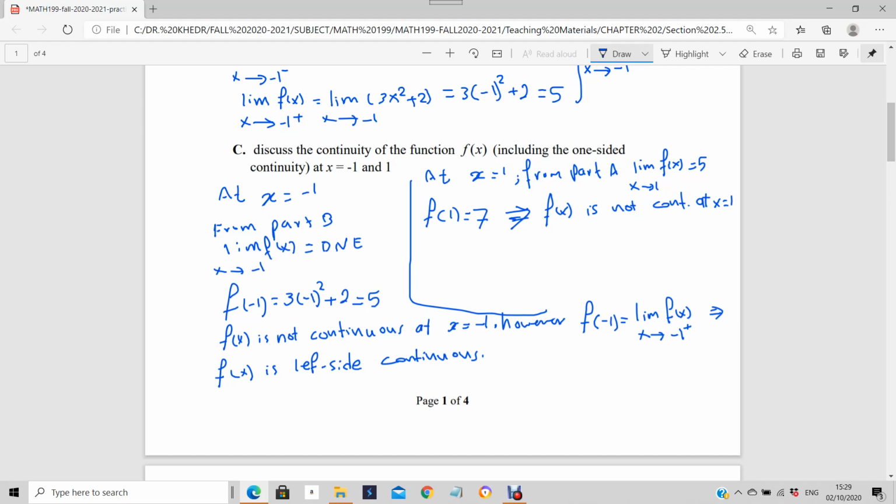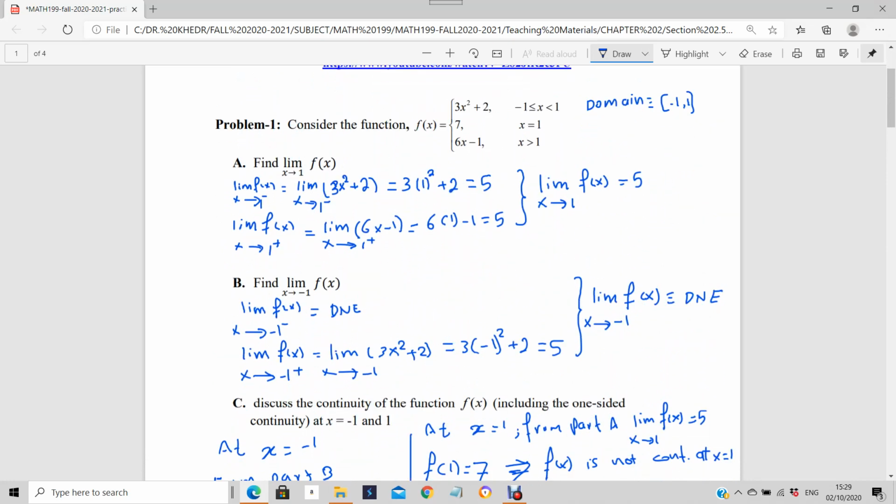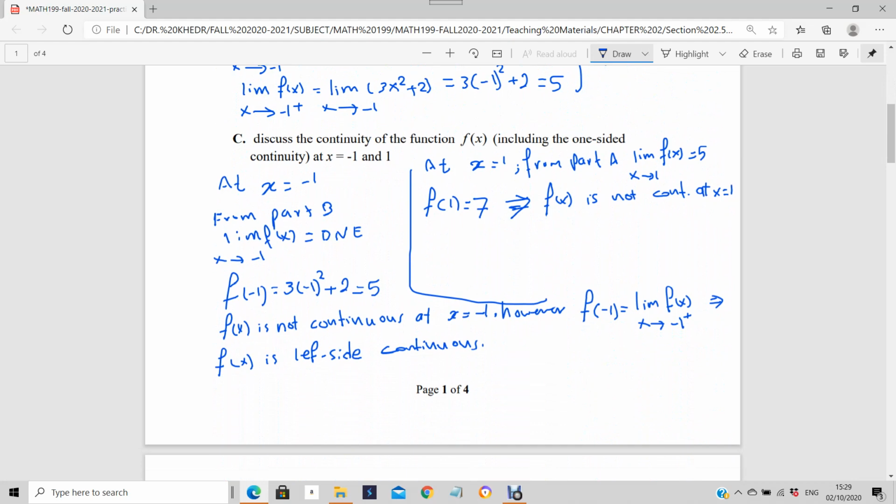Let's see if there is one-sided continuity. Here we are talking about the left side and the right side. Both of them are 5, and the limit of the function exists, 5. So none of these limits is equivalent to the value of the function, so the function is not continuous at x equals 1.